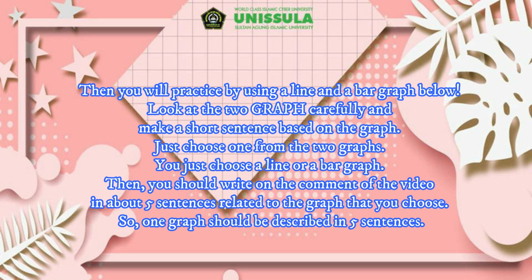Then you will practice by using a line graph and a bar graph below that I show you in this video. There are 2. The first is a line graph. The second is a bar graph. After you look at the graph, make short sentences based on the graph. Just choose one graph from the 2 graphs.